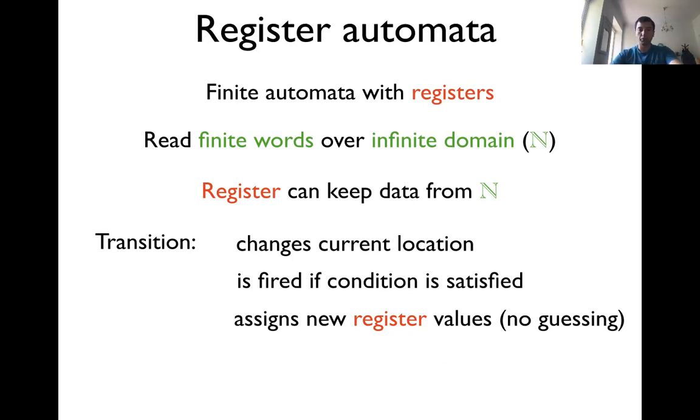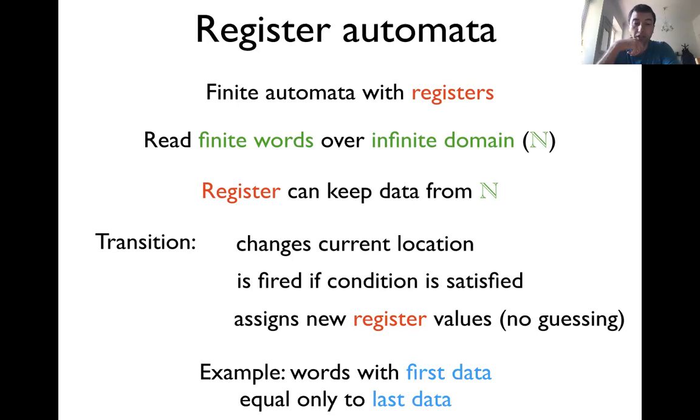So maybe it will be useful to look at some example of a language which can be accepted by such a register automaton. A typical standard example is the words over, let's say, natural numbers, such that the first data value is equal to the last data value and only to the last. So how can we make a register automaton which accepts such a language?